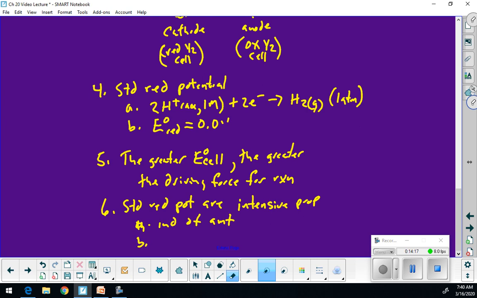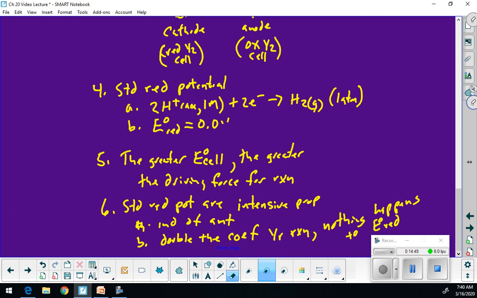So if you double the coefficients in your half reaction, nothing happens to the standard reduction potential. Watch that. That will be a trick on the AP exam. All right? Cool.